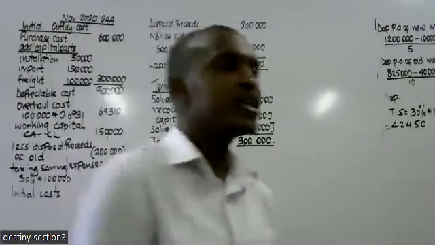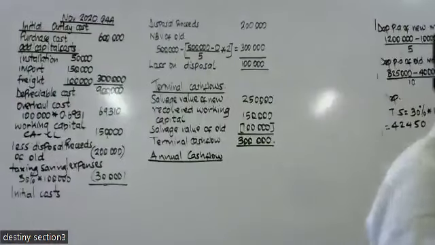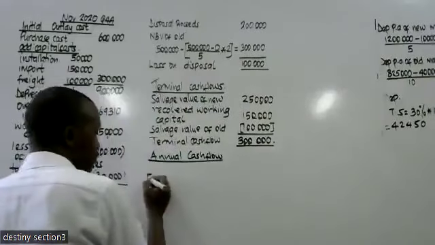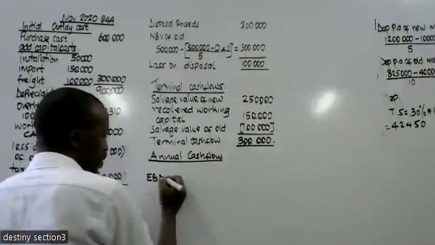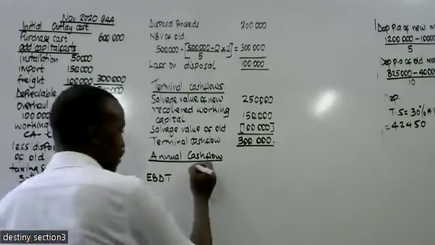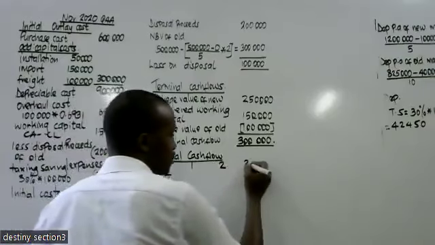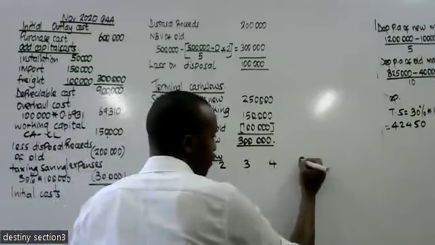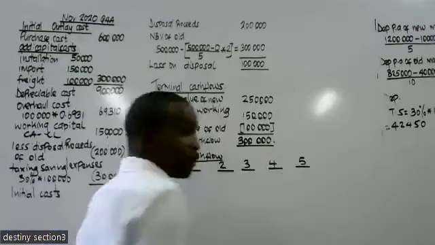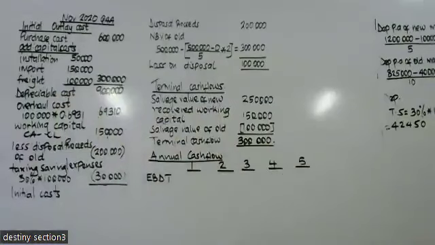What they have given you is the result of subtracting all that from your sales to get your earnings before depreciation and tax. In case you compare sales minus variable cost, remember on incremental basis. So you compare the new asset and the old asset.